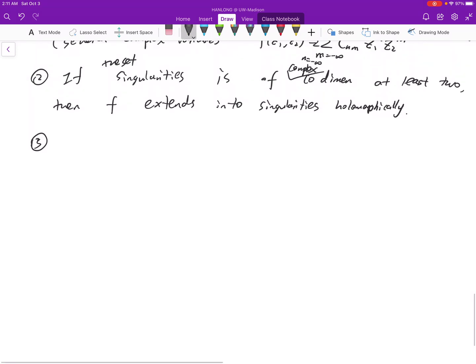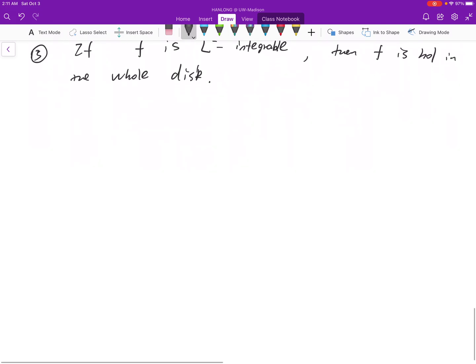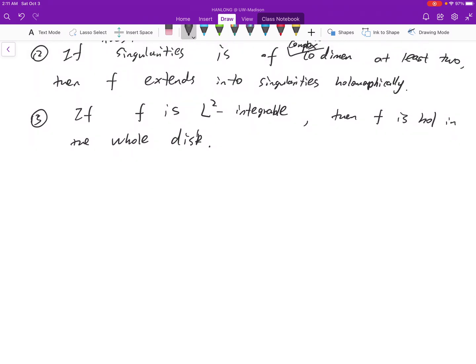So if f is L2 integrable on the punctured disk, then f is holomorphic in the whole disk. This is very hard, actually, but you can prove it. Probably later on, if we have time, at the end of this course, I will show you how to prove this.